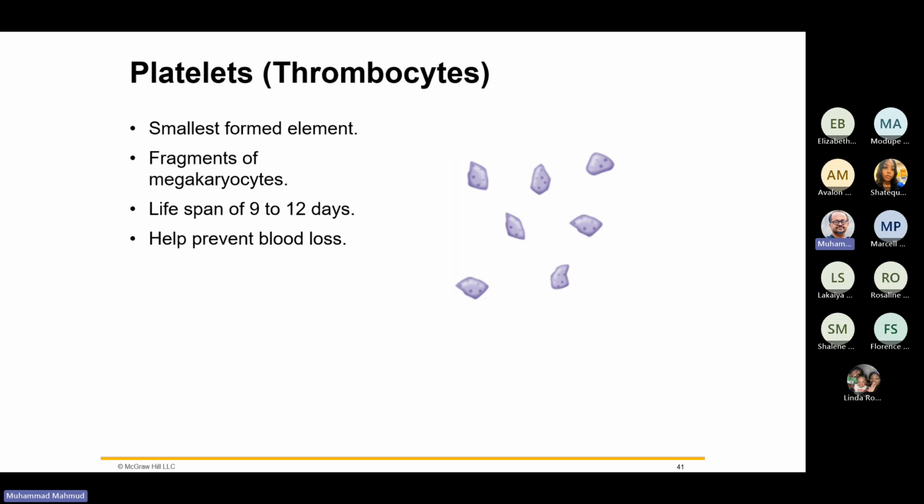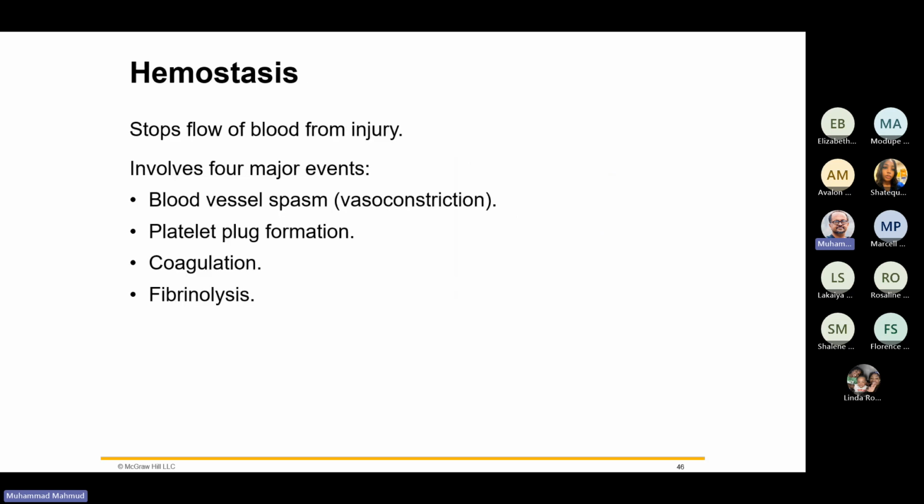That is the term we use here, hemostasis, which involves four major events: blood vessel spasm, vasoconstriction, platelet plug formation, coagulation, and fibrinolysis. Let's take a look in detail at those four major events of blood clot formation or stoppage of bleeding, hemostasis.